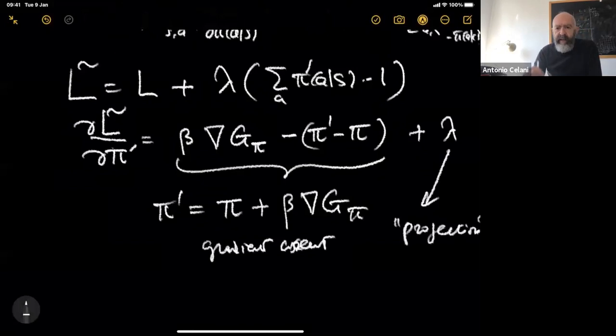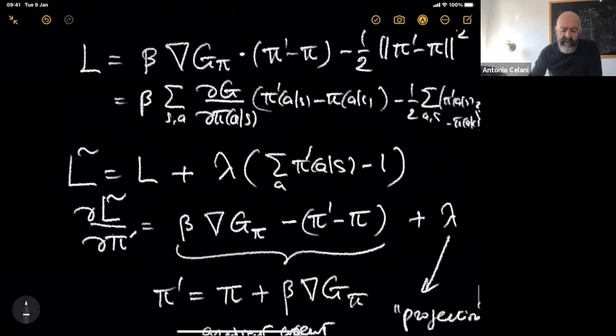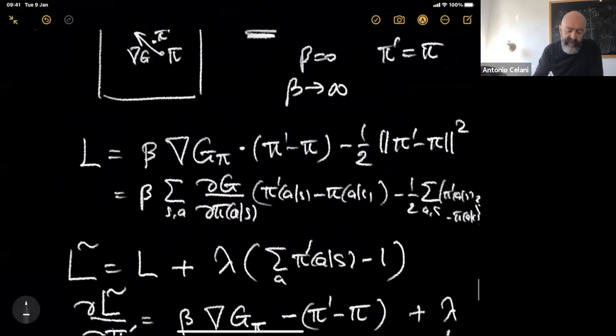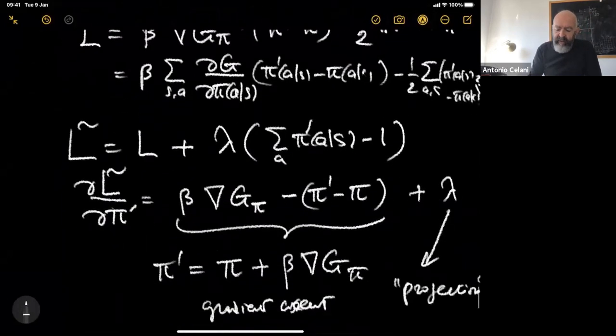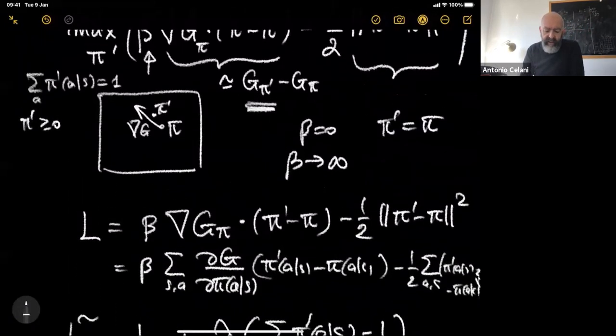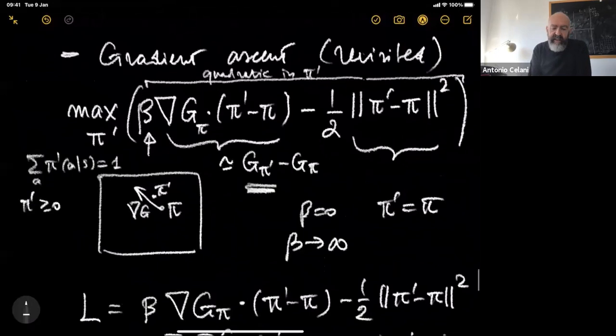You could also implement via Lagrange multipliers the condition that the pi primes must also be positive, but I'm not doing that. This is just to tell you that there is a deep connection between gradient ascent with projection and this optimization problem, so you can go from one description to another. Following the gradient also means making some compromise between the gradient itself and some notion of distance.